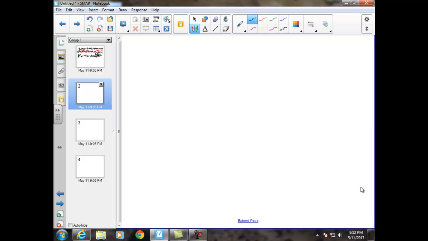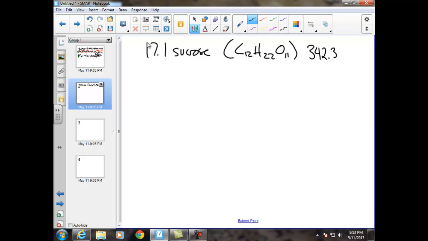So 17.1 grams of sucrose, C12H22O11, that has a molar mass of 342.34 grams per mole. So first off, I get this into moles so I can get molality.